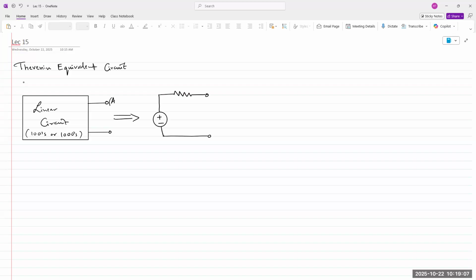So let's say this is A, this is B, and between A and B, you could represent an entire circuit by one single voltage source.